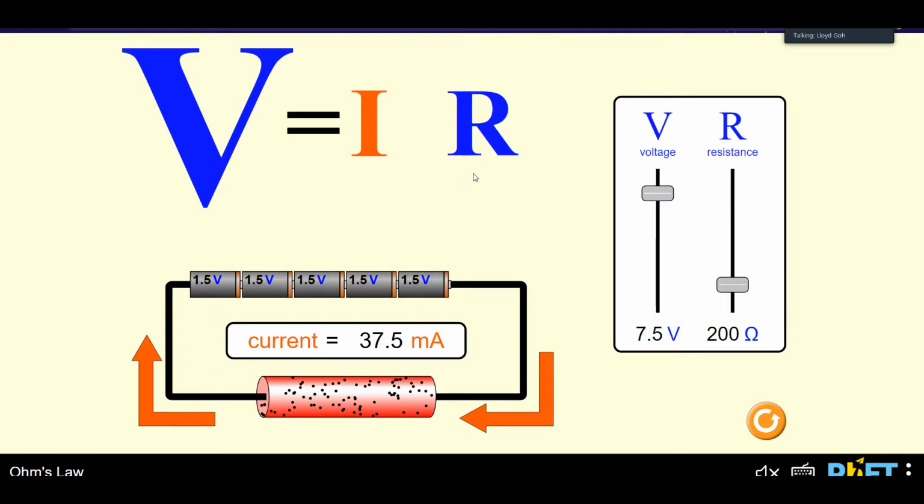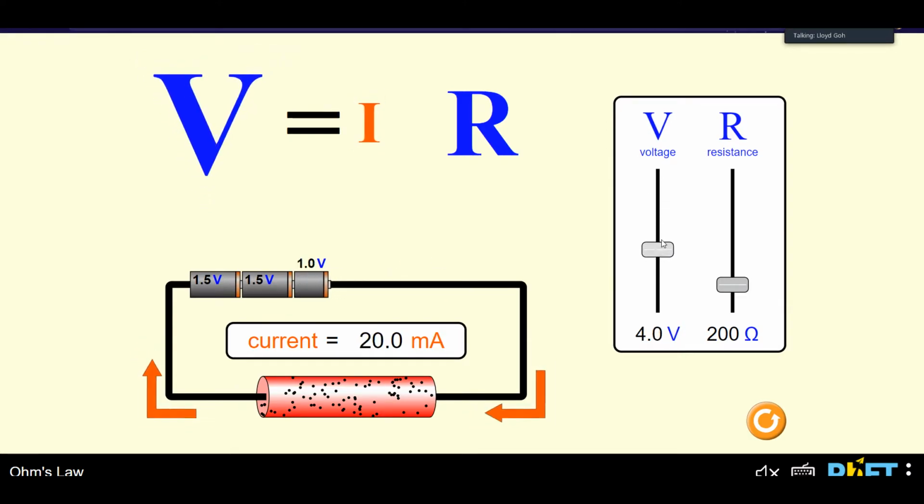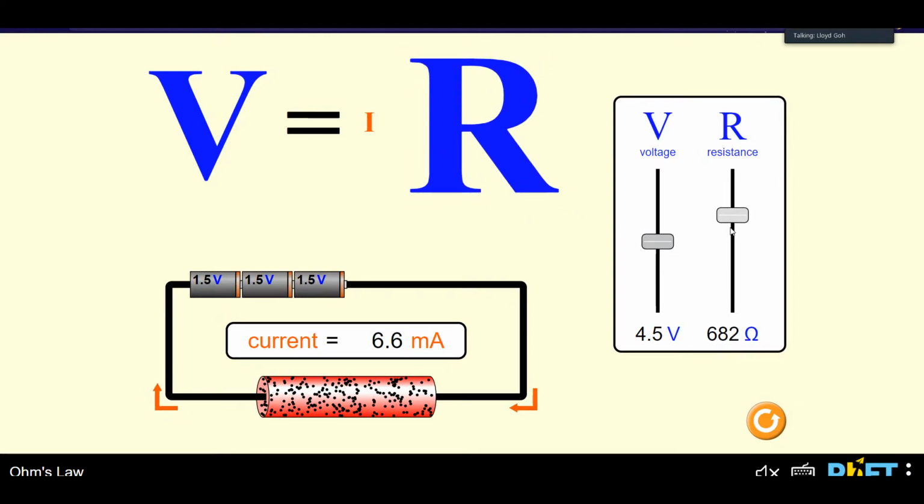Physically it also makes sense: since each charge only does a certain amount of work, because the resistor is only required to do a certain amount of work, you end up having more charges entering that resistor. But take note, if we keep the voltage constant and we change the resistance, this will happen.